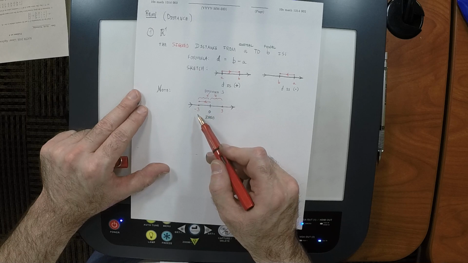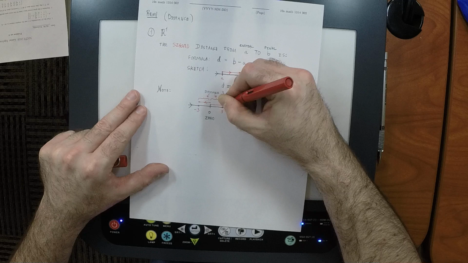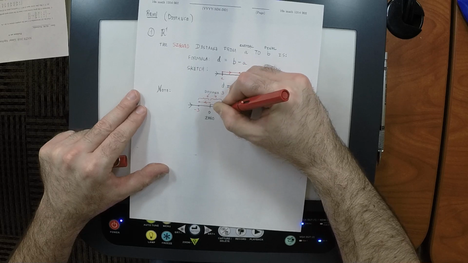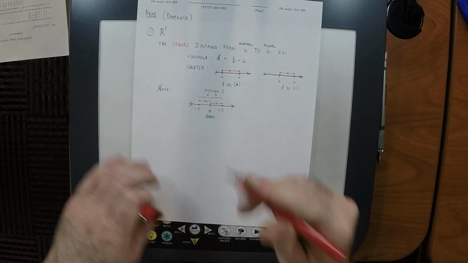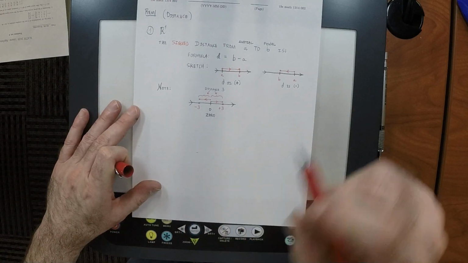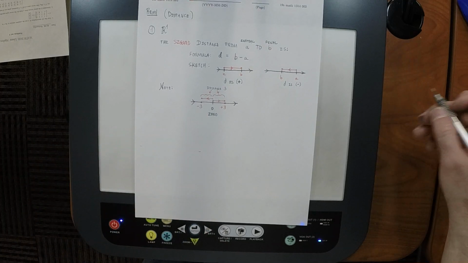So that's negative 3. And similarly, this one is positive 3. Under normal circumstances, you would not write the plus sign. You just write 3. Fine.